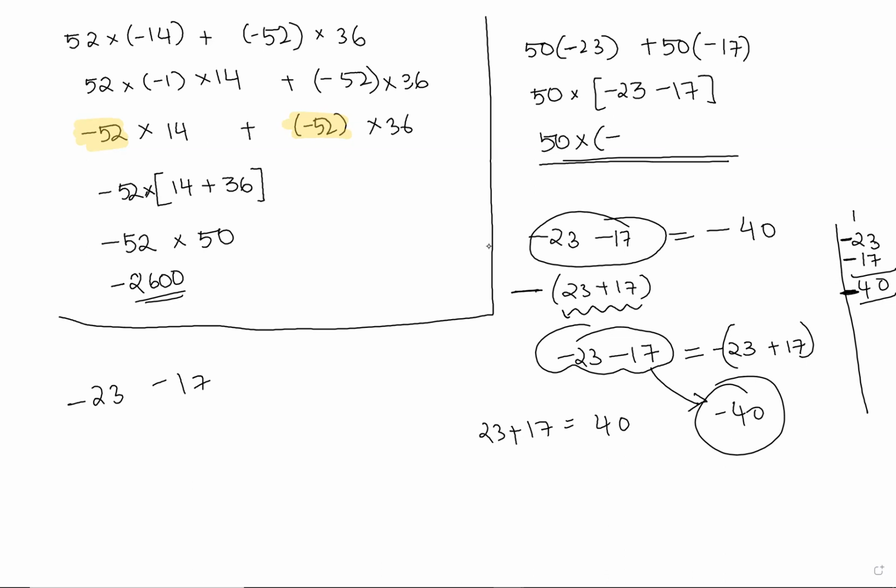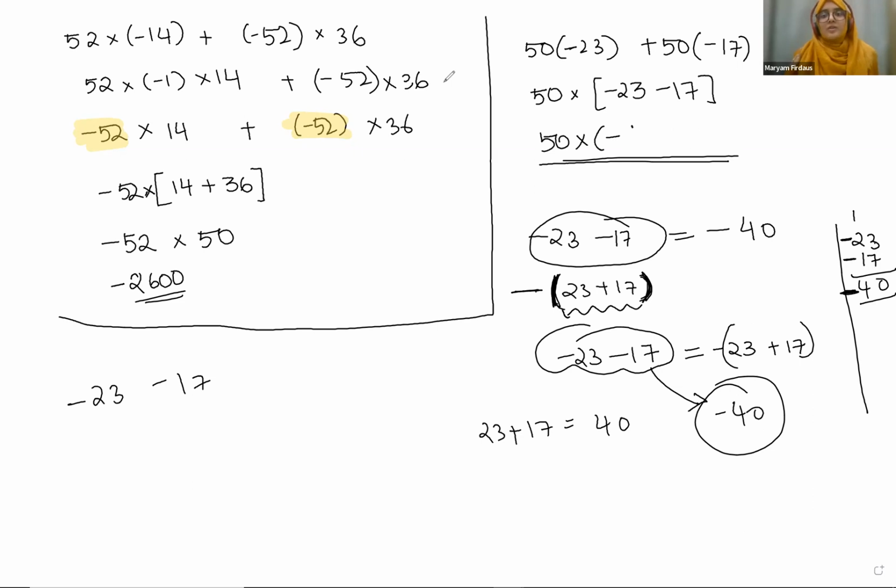Yeah. So after writing minus 23 minus 17, it's going to be 50 multiplied by minus 40, this bracket. Okay, don't forget this bracket. Okay, Hiba, don't further break down the thing over here.